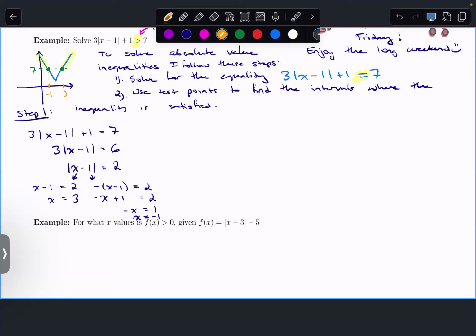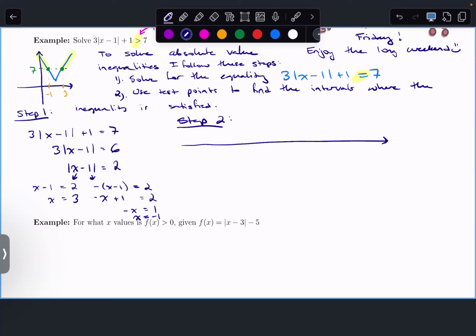Okay. So step 2, what you're going to do, and we did this for other inequalities with the test points, right? We took test points in a plane and we plugged them in to see if they satisfied the inequality or not, right? And so we're going to do the exact same thing.